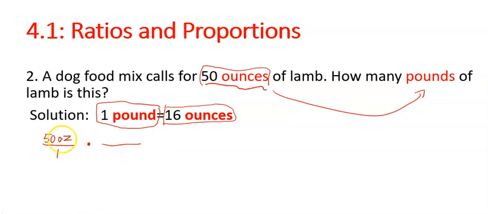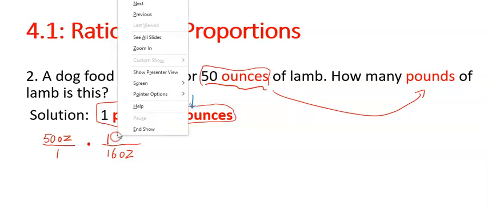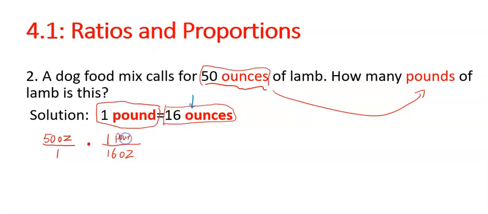So if we want to cancel these ounces, we want to put the right hand side, the one with the ounces, in the denominator. So I'm going to put the right hand side, 16 ounces, as our denominator, and then the other one will be the numerator. So 1 pound will be our numerator. The reason I put 16 ounces as our denominator is because we can reduce ounces and ounces. So ounce divided by ounce is sort of like they cancel out.